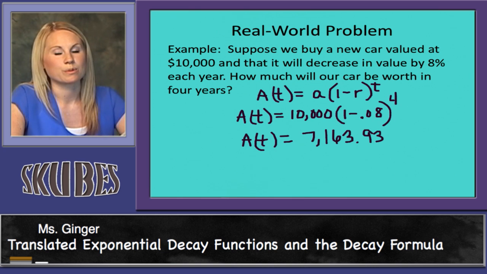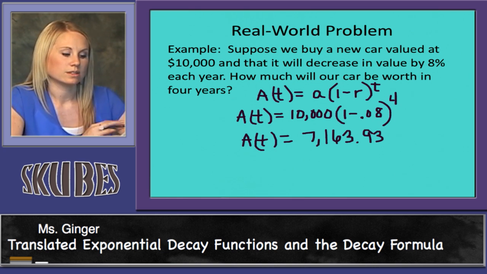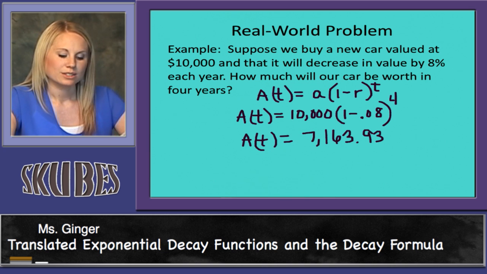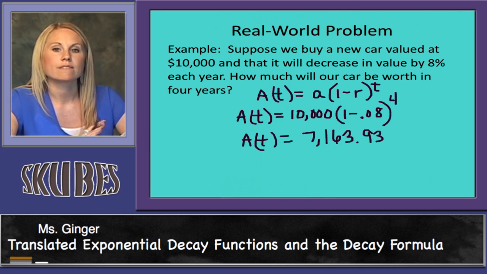That's how much our car will be worth in 4 years if it has this rate of decrease. So that's a real world problem looking at the exponential decay formula. So this is going to conclude our lesson on translated exponential decay functions and the exponential decay formula.